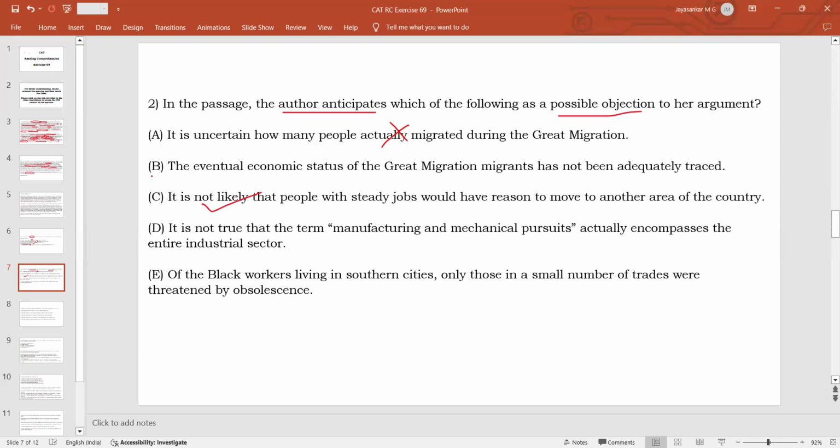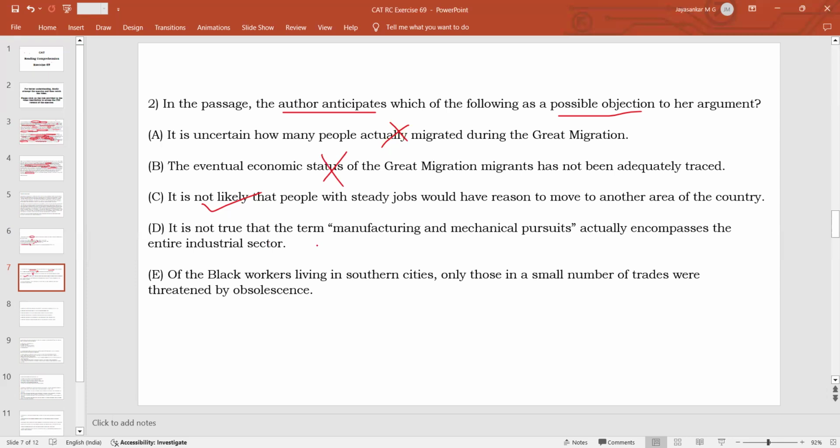But here she says that most of the black workers who migrated had not succeeded economically, and there is no anticipation of any objection to that. If there were, she might have given some points to support her claim. So this is not a possible objection that the author is anticipating.